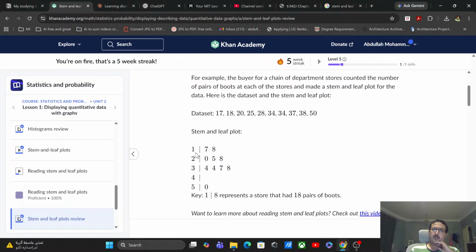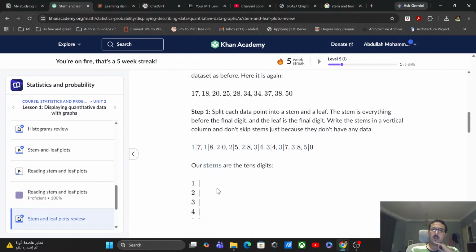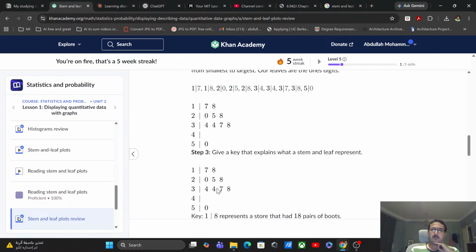Just one, so 1, 17, 18. Creating a stem, here's how. Well, starts with 1, 17.